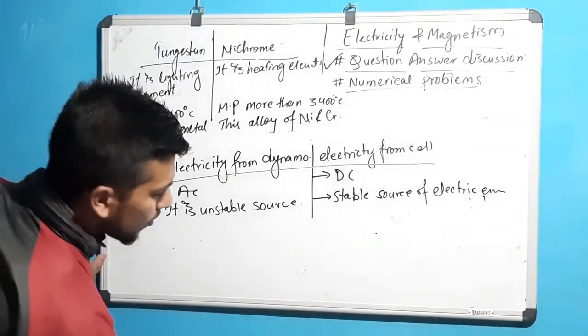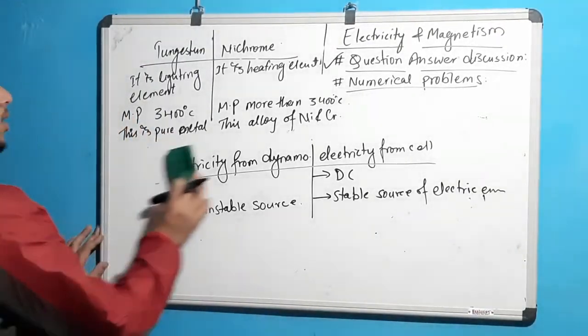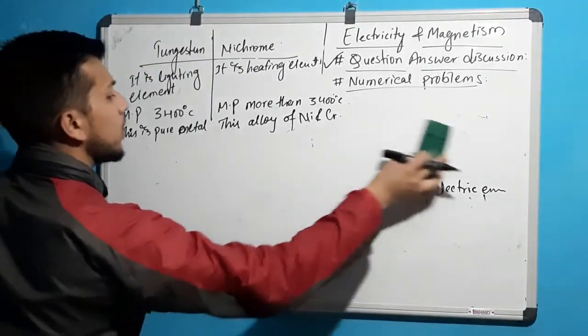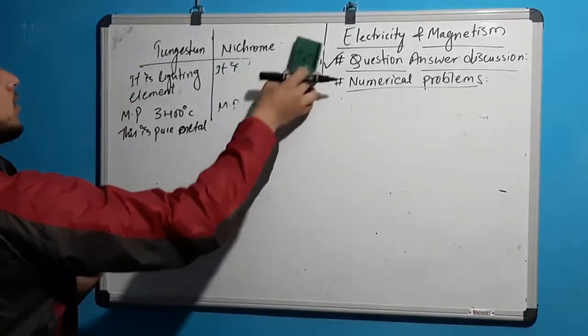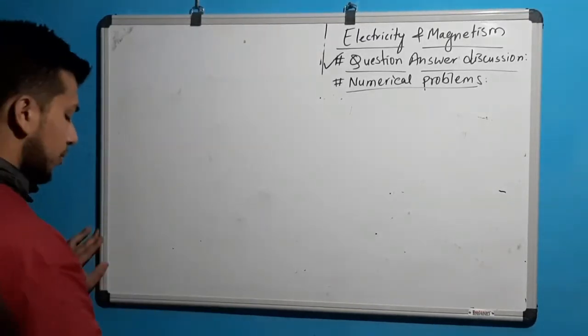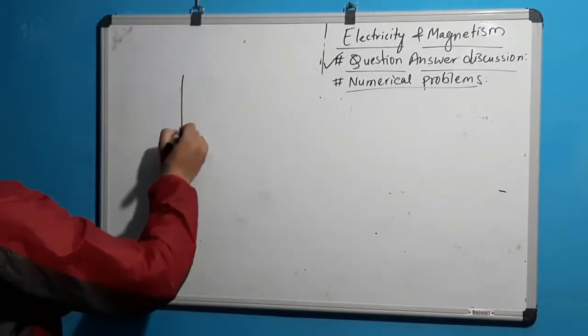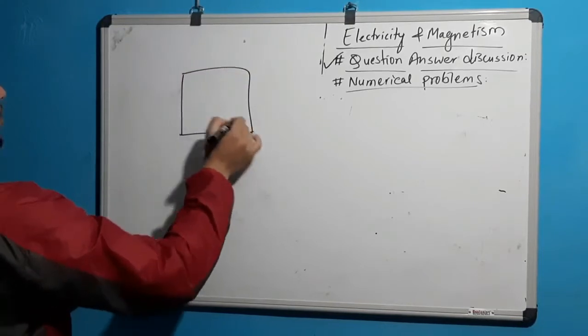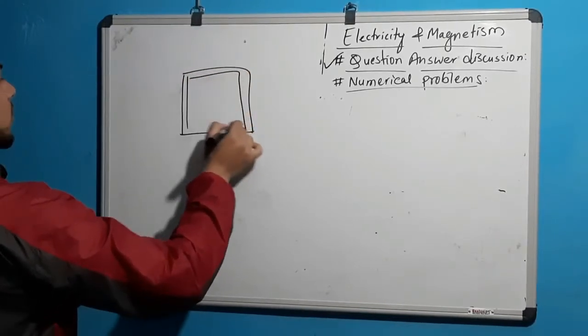Why does a transformer not have an equal number of primary and secondary windings? In a transformer, why are the coils on both sides not equal? This is our question.